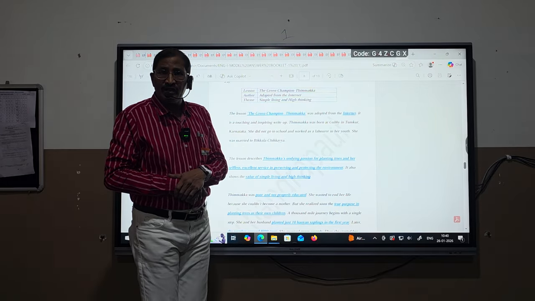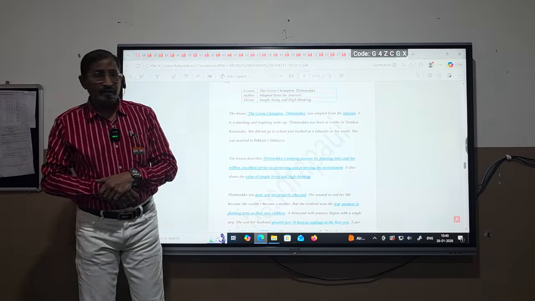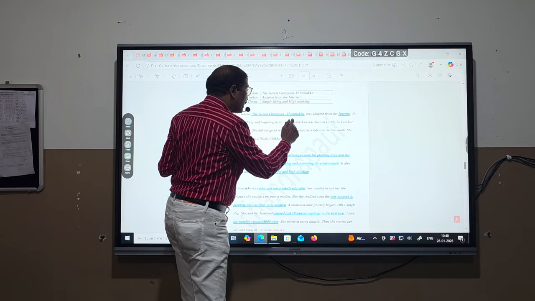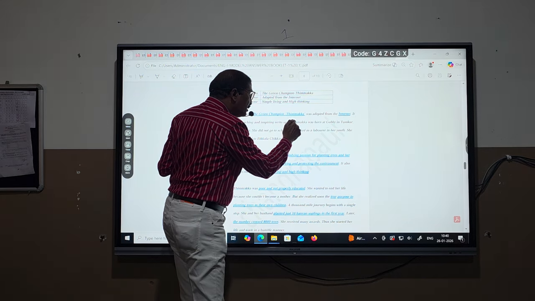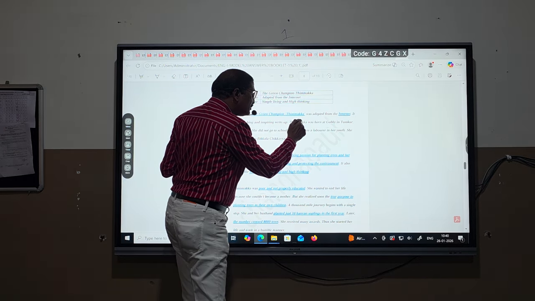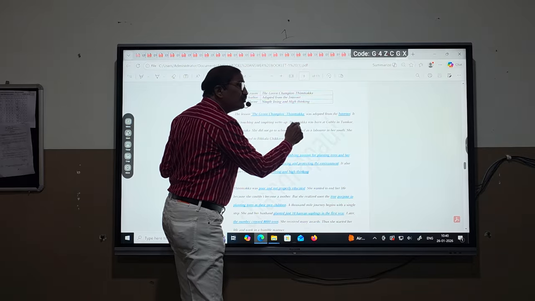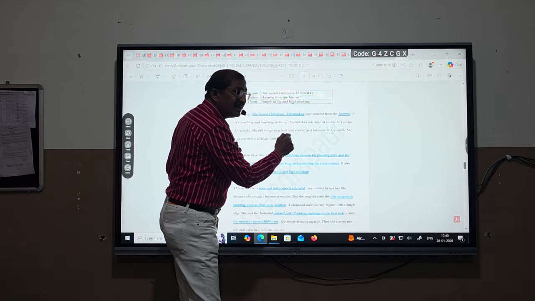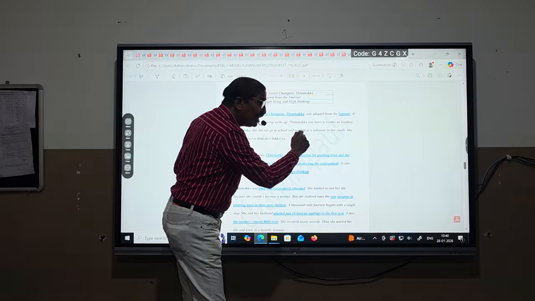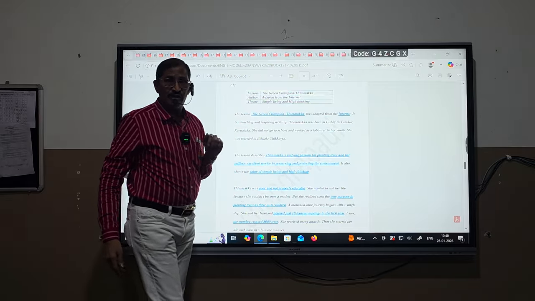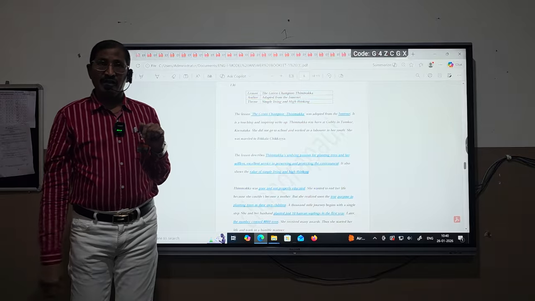I want to rewrite it. Then what you have to do is make lines like this. It is visible actually, and it looks good, not hidden like in a design. And next you can write Timmaka again. In such a way you can go through.